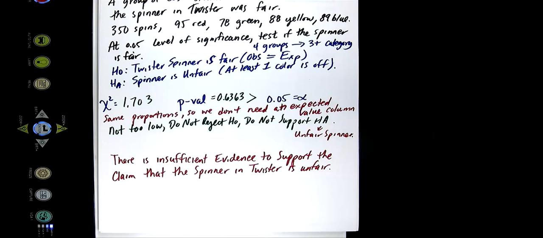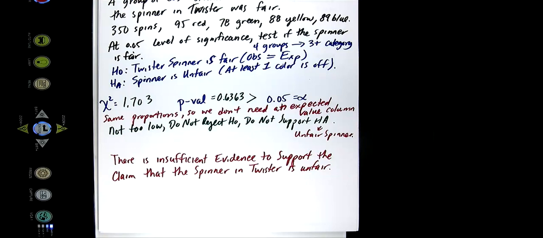Why is statistics so contradictory? What's contradictory here? Well, it says the spinner is unfair, and then there's insufficient evidence for the claim that the spinner in Twister is unfair. So it's probably fair. We just can't prove that it's unfair. You want a game to be fair.